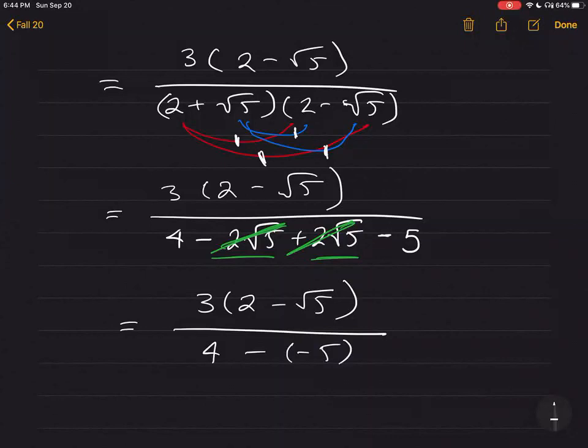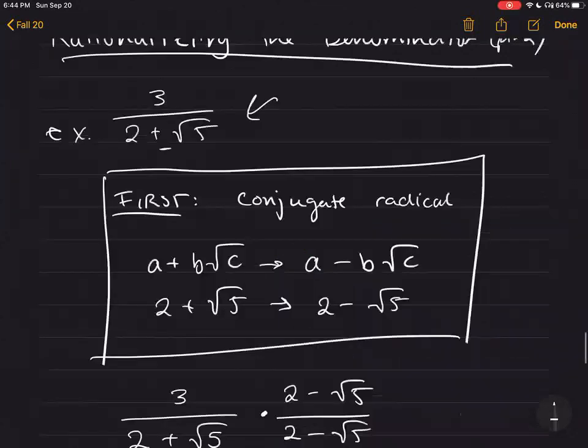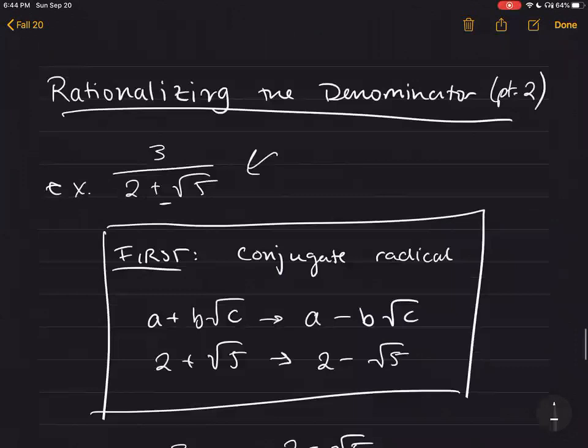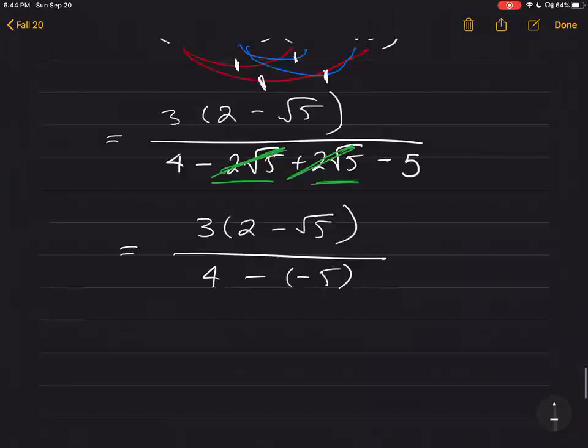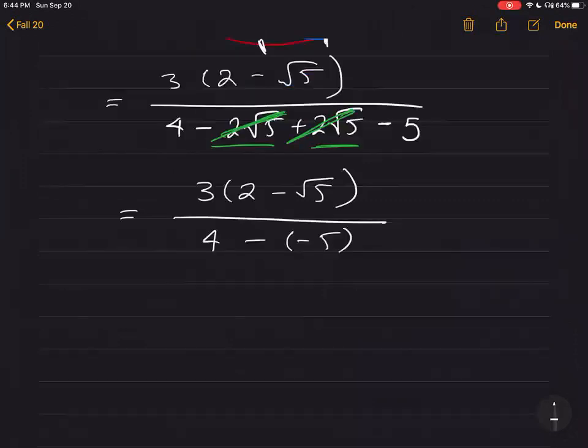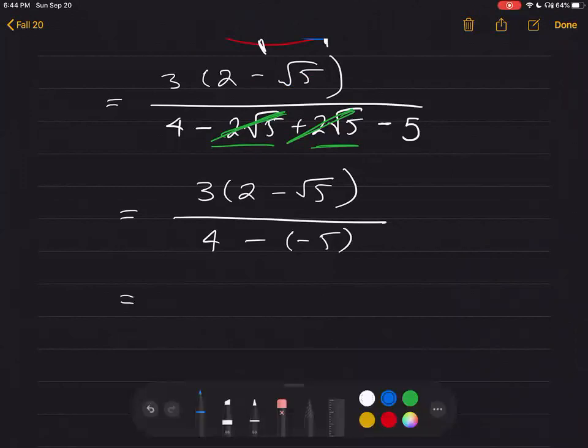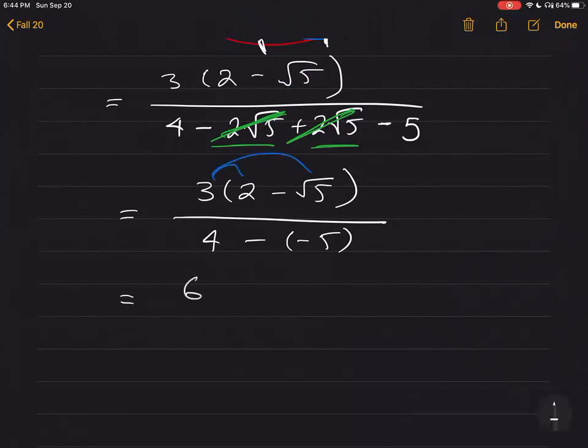So if you take something like 2 plus square root 5, something that looks like this form here, and you multiply it by its conjugate radical, you will get rid of the square root. Right, so then if we distribute this 3 into here for our final answer, we'll get 6 minus 3 square root 5, and then on the bottom it's 4 minus minus is plus, so 4 plus 5 is 9.